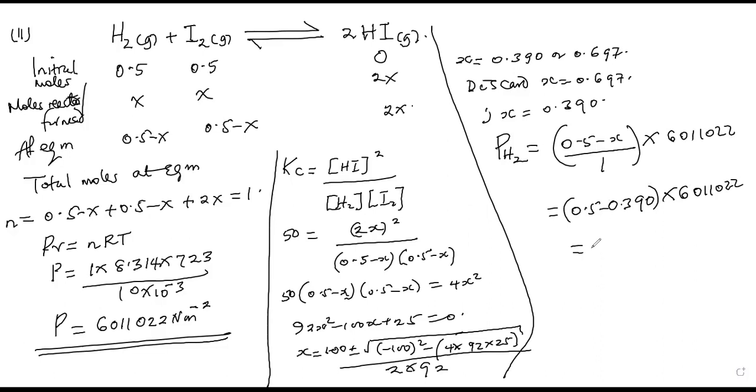Working this out gives us the partial pressure of hydrogen as 66,1212.442 newtons per meter squared.